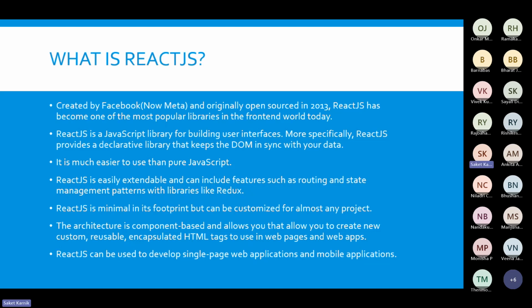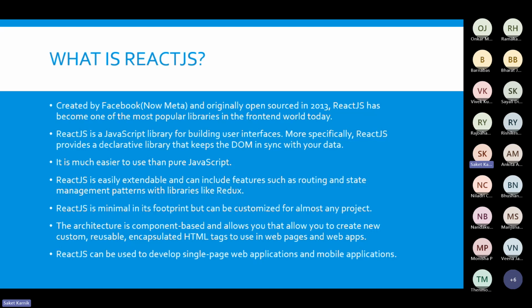More specifically, React.js provides a declarative library that keeps the DOM in synchronization with your data. I mean, whatever data you have, if it is changing, the React engine makes sure that the UI is always synchronized with the changes. Means the changes are reflected as soon as possible.